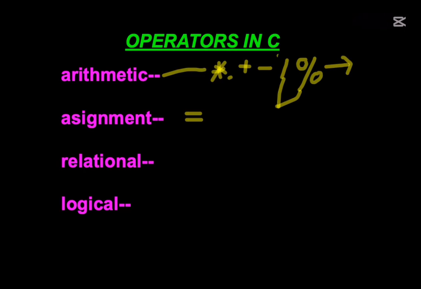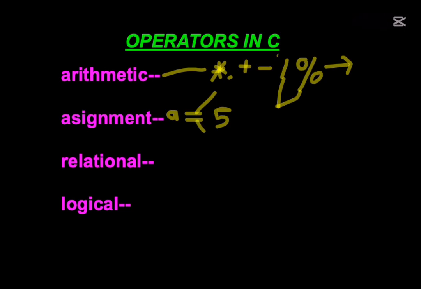Let's say I say a equal to 5. This equal sign is how we say it in mathematics, where it means equal, but this is not how it means to the computer. This is different. This is assignment.